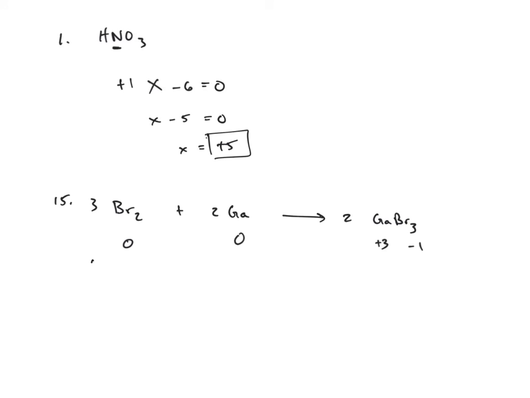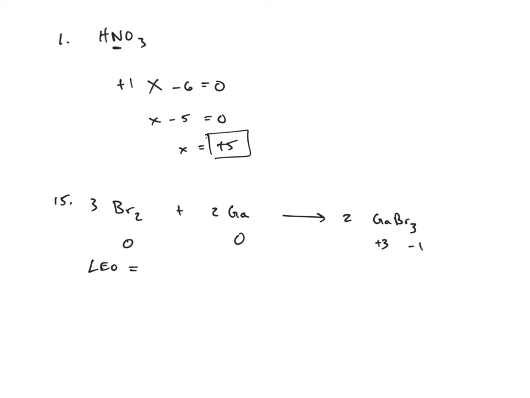Well, which one is losing electrons? Which oxidation number went down? Well, bromine went from 0 to -1, so its oxidation number went down. But if it's losing electrons, like the gallium is here, its oxidation number is going to go up.